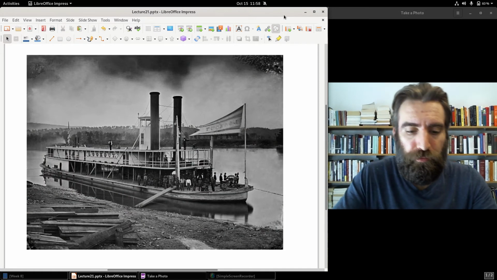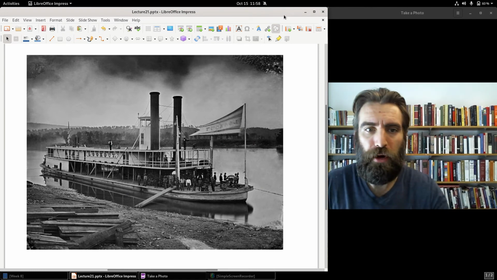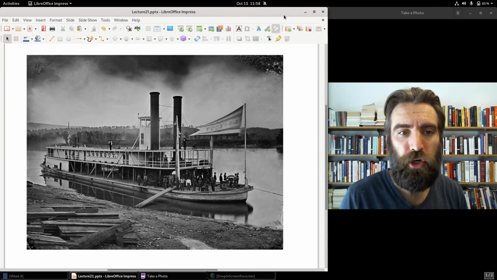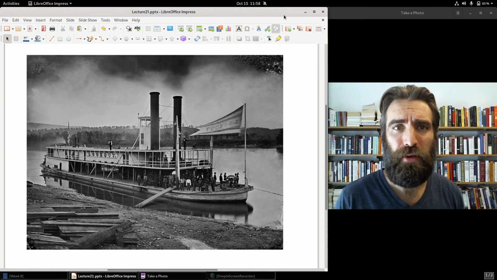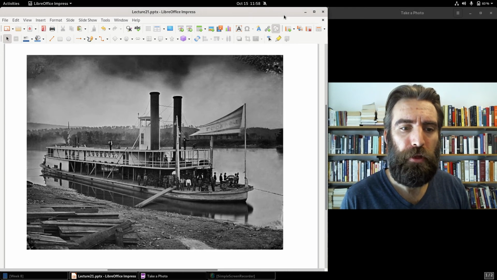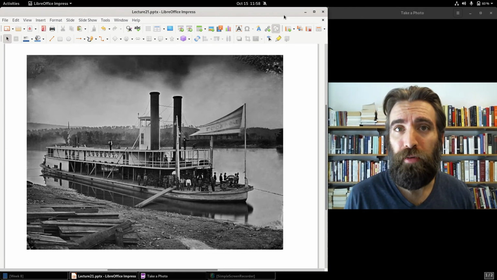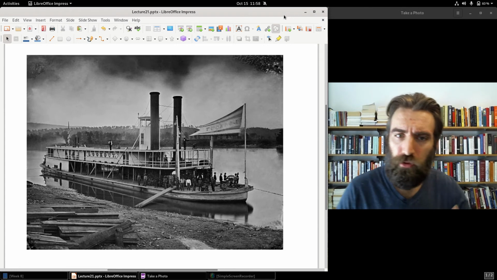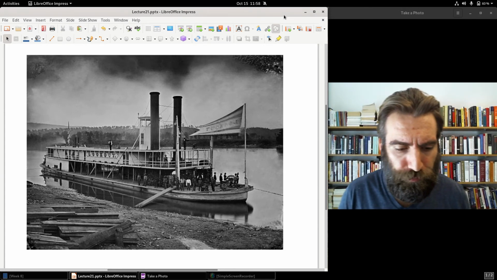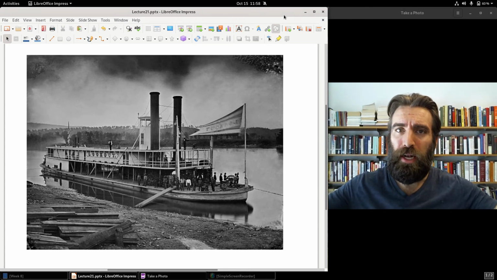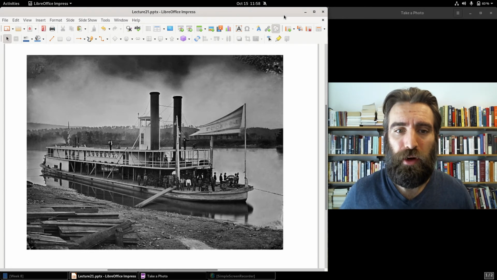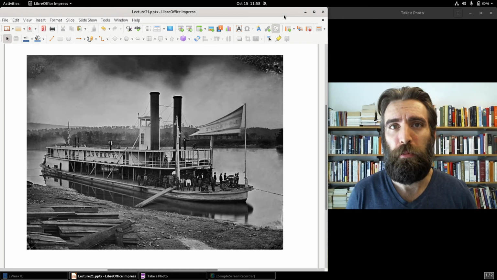Steamboats get their start using the power of the steam engine, and steamboats had the advantage of being able to go upriver against the current, also travel faster. In the 1810s and especially by the 1820s, there are steamboats going up and down the Mississippi River.